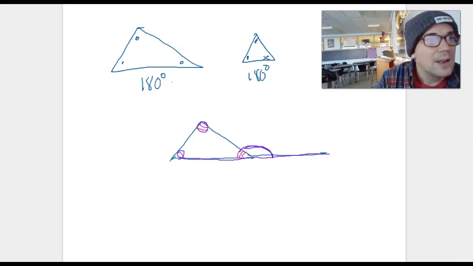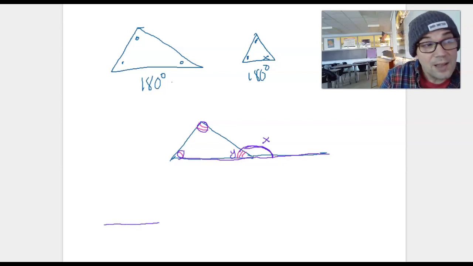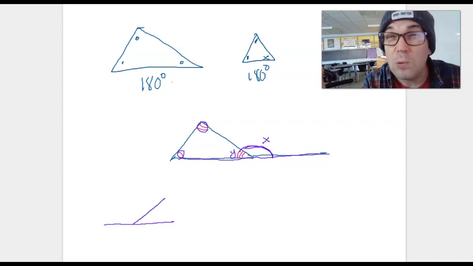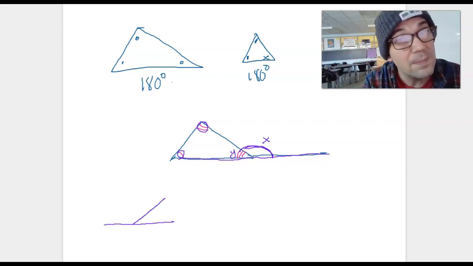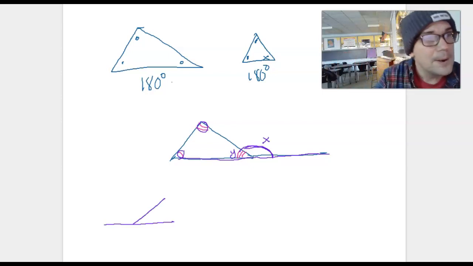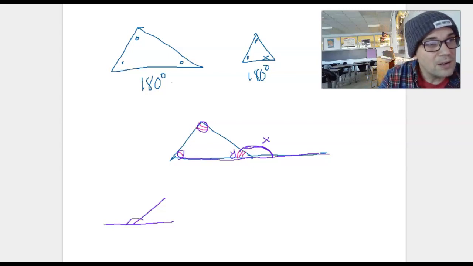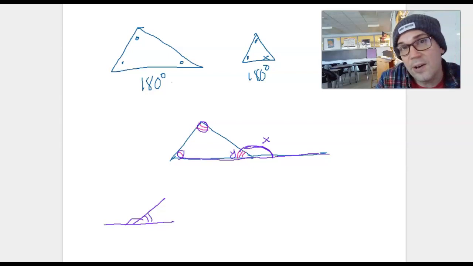To prove it, the idea would be that I don't really know what this angle or this angle is, but I do know that anytime we have a straight line and an angle off that straight line, if you have two angles that are together and they form a straight line, these also add up to make 180 degrees.